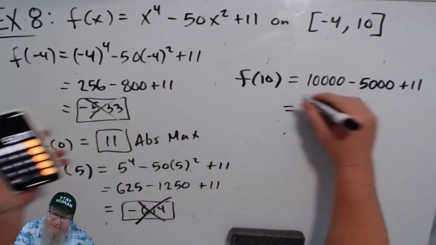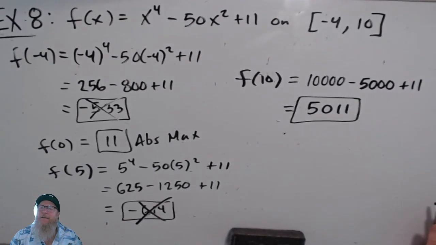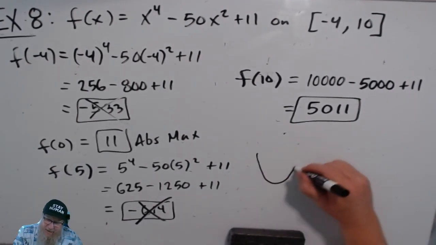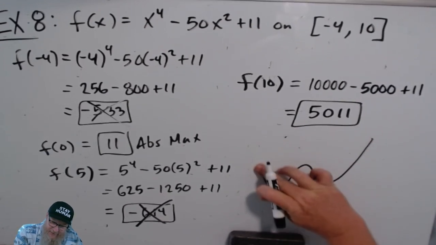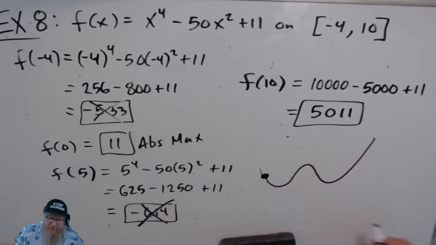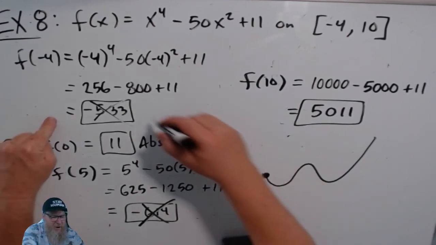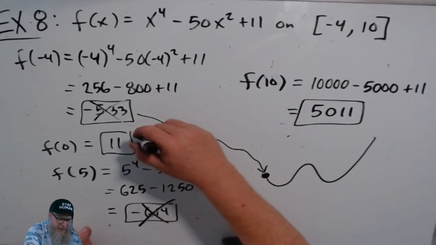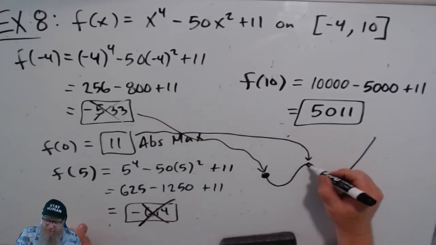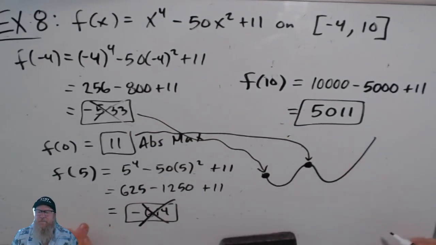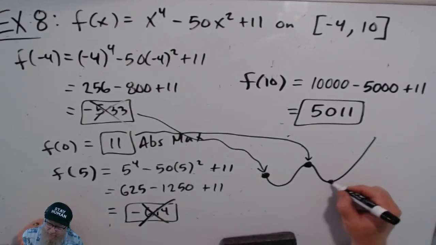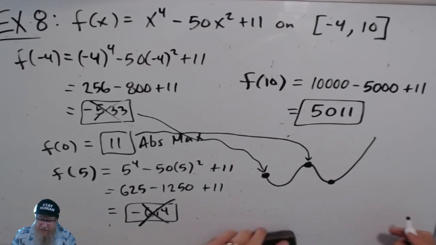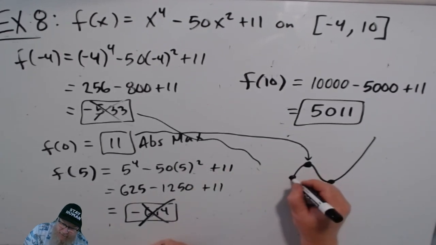Whew. I'm so glad I drew the picture. This graph kind of looks like this. So at negative 4, it was this number. At 0, it was this number. At 5, it was this number. Actually, negative 4 was more like right here.